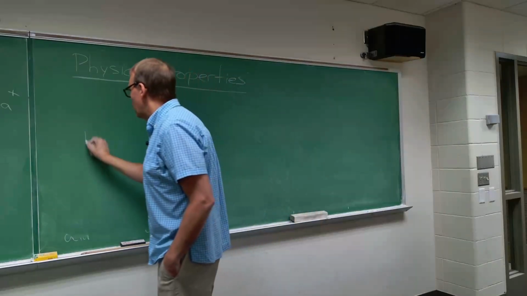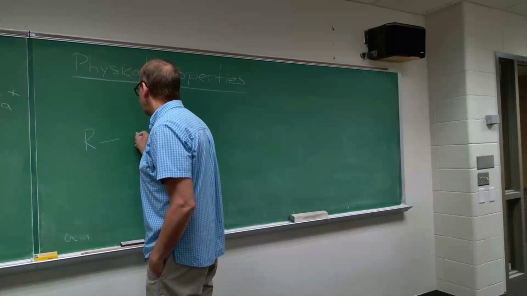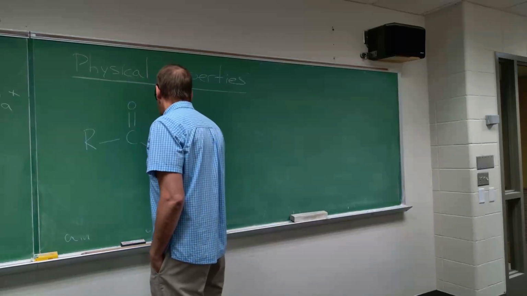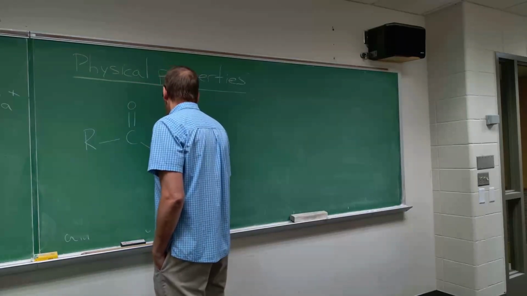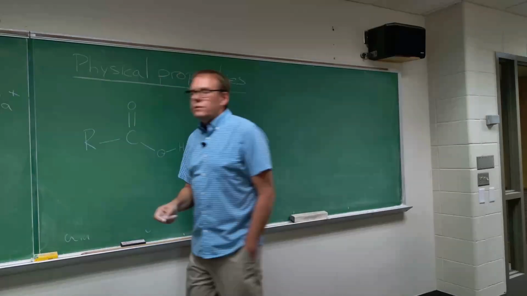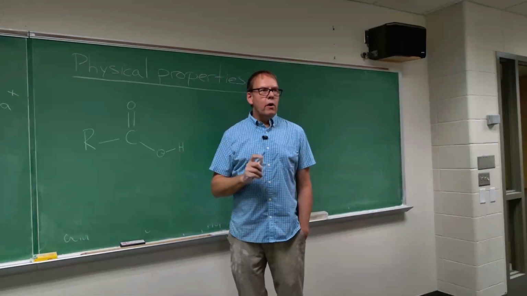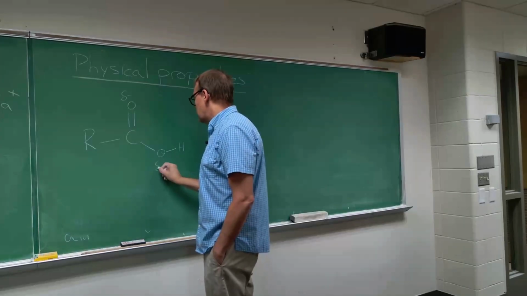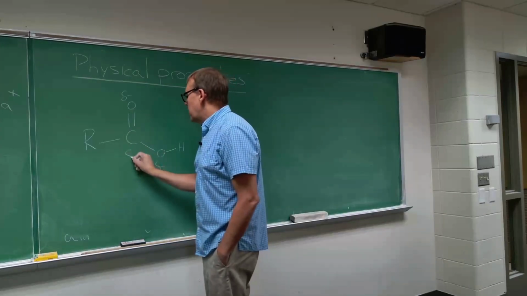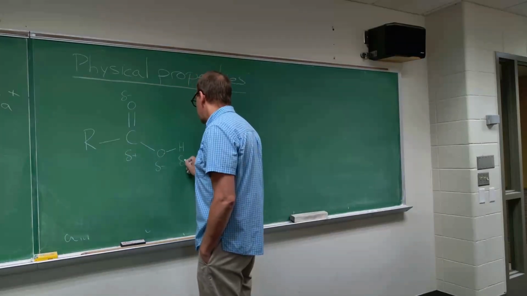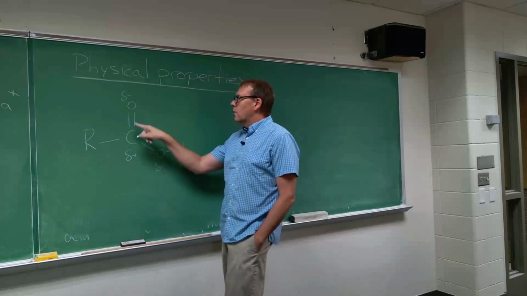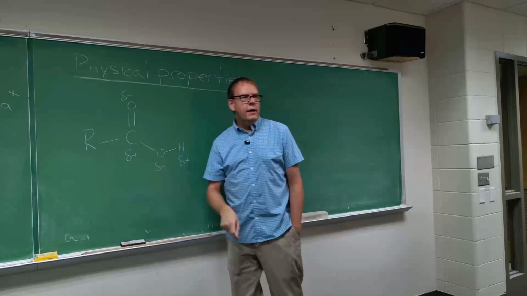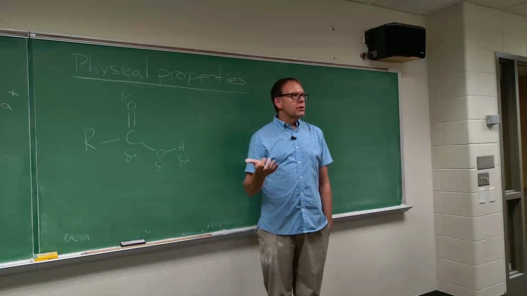Let me draw that out for you. So here's a carboxylic acid. If you think about where all the partial charges are, there's a partial minus on that oxygen, a partial minus on that oxygen, partial positive on that carbon, partial positive on that hydrogen. So we've got partial negative, partial positive, partial negative, partial positive. It's loaded up with a lot of partial charges.